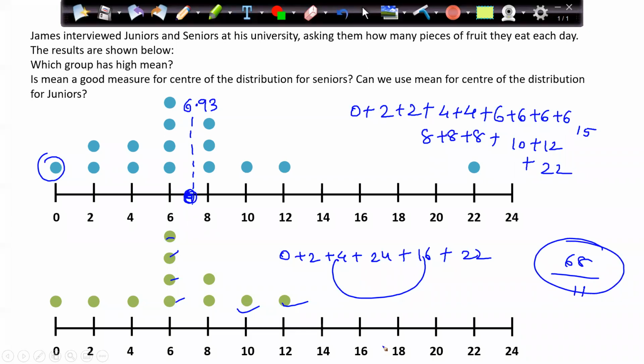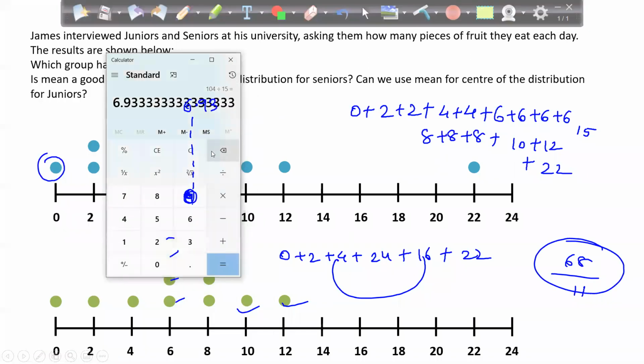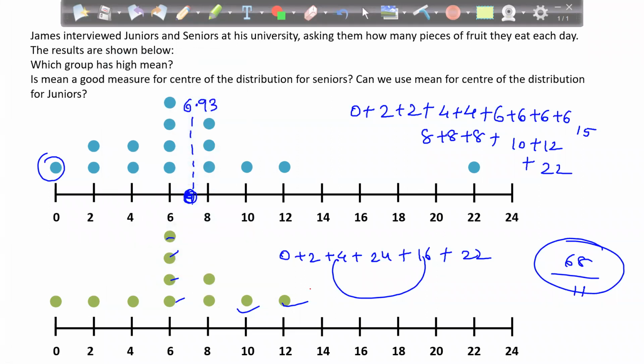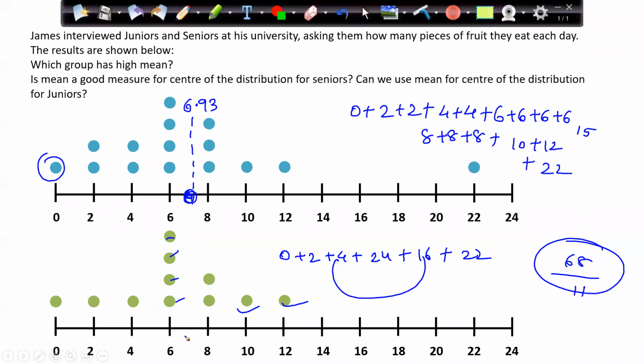So 68 by 11 is what we need to calculate. That is 6.18, which is coming somewhere here.